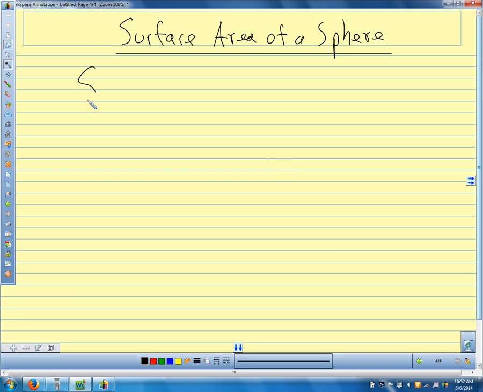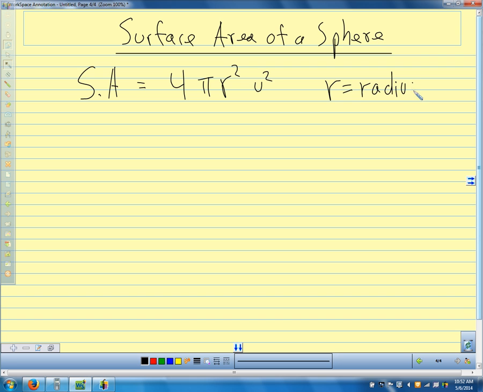Our surface area, nice easy formula as well, 4 pi r squared, unit squared. R is the radius. So again, all we need is our radius. Our radius tells us everything we need to know about a sphere.